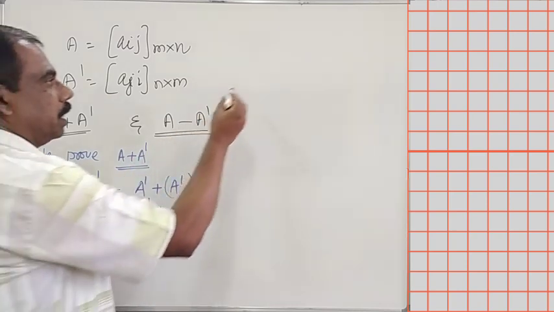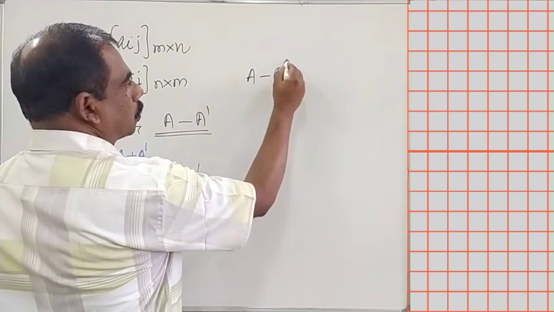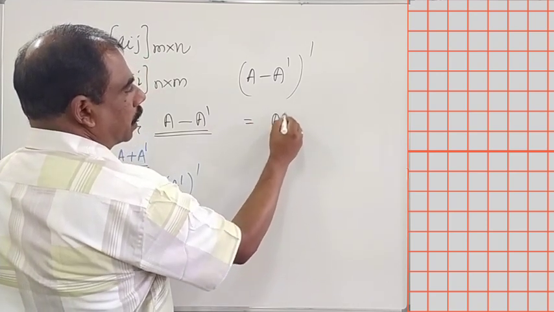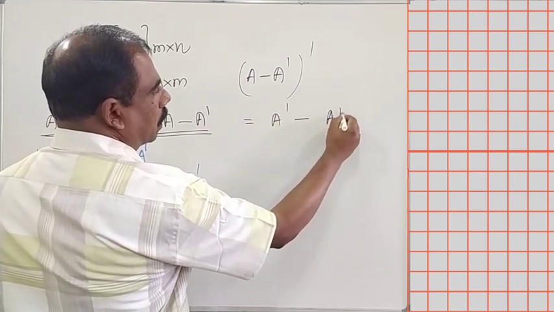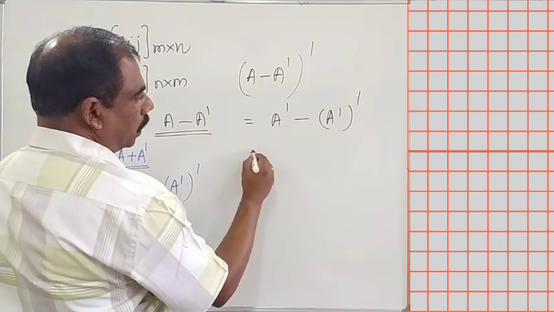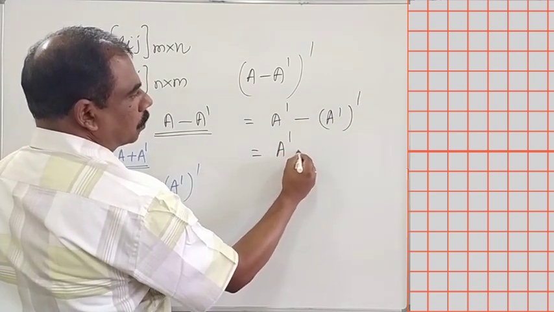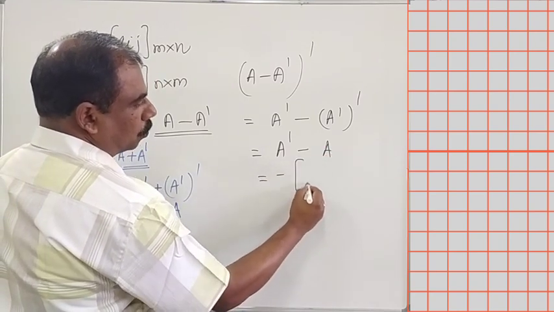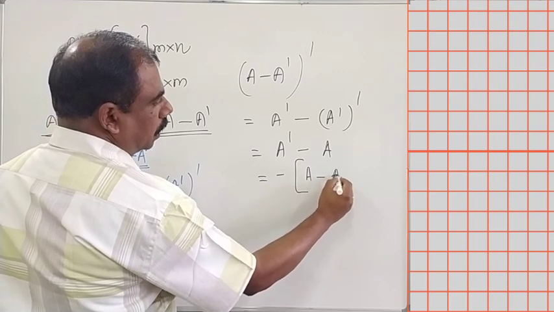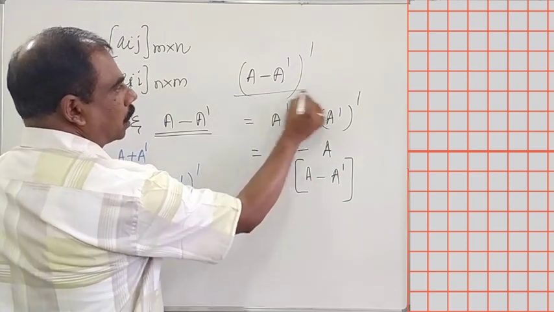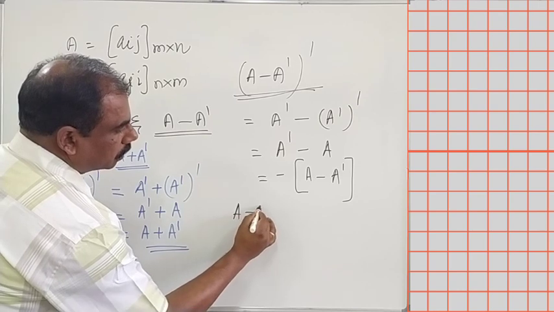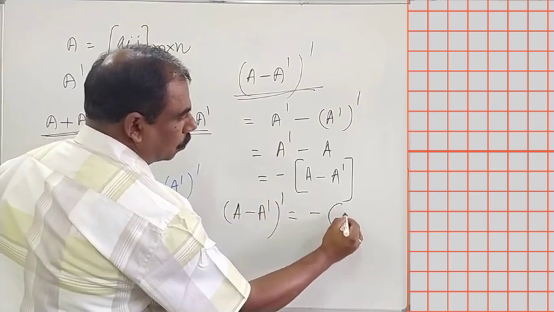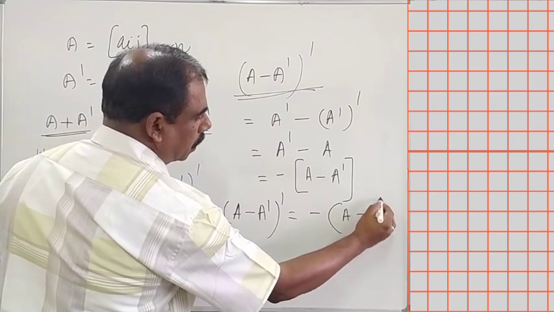Similarly, we calculate A minus A transpose whole transpose, and that's equal to A transpose minus A transpose whole transpose. That's equal to A transpose minus A, or we can write this as minus of A minus A transpose. So we proved that A minus A transpose whole transpose is equal to minus of A minus A transpose.